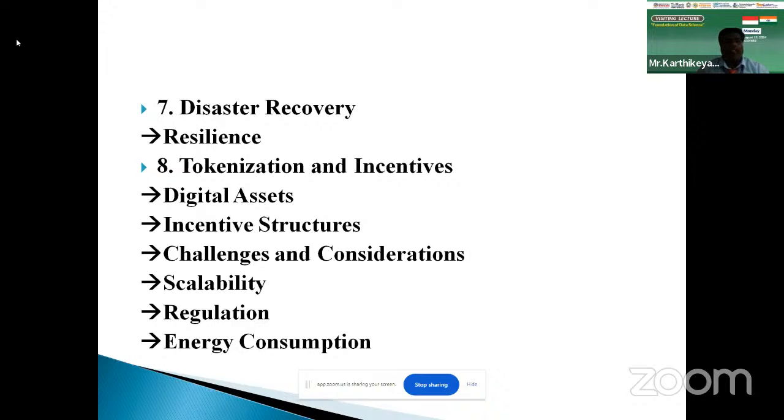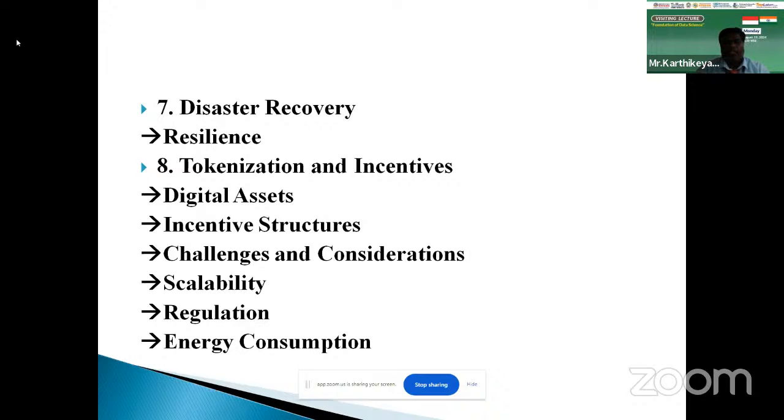Digital assets is nothing but it enables the creation and management of digital assets or tokens, which can represent anything from cryptocurrencies to digital rights or in-game items. With incentive structures, the tokens can be used to incentivize behavior within the decentralized network, such as rewarding participants for validating transactions or contributing resources.